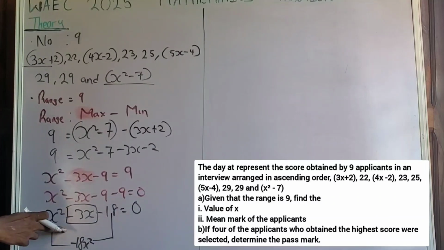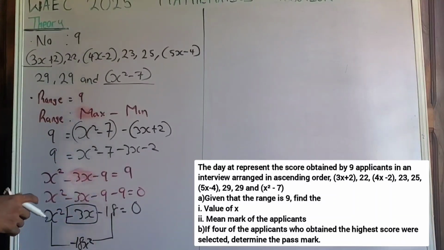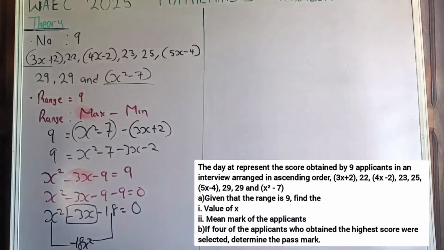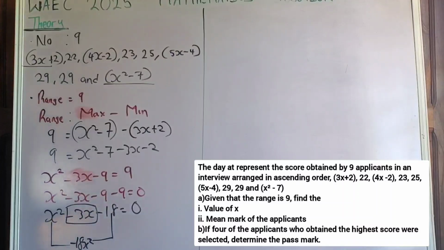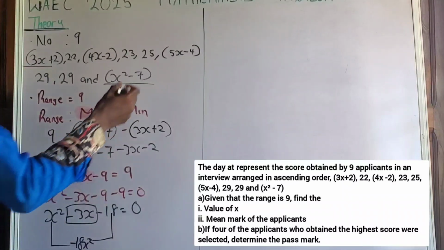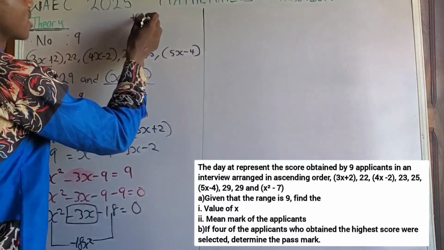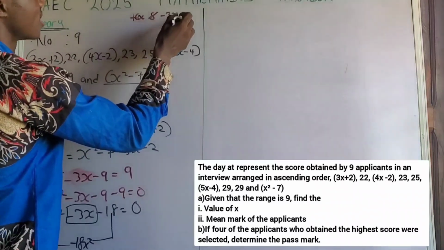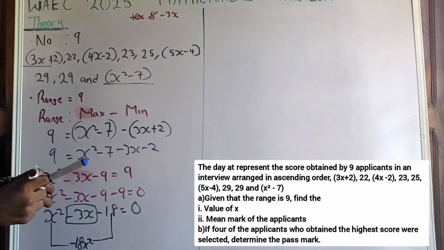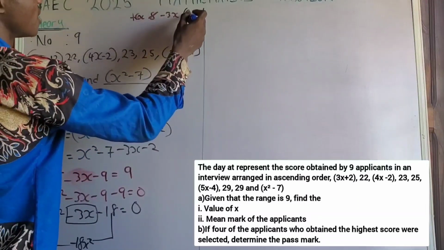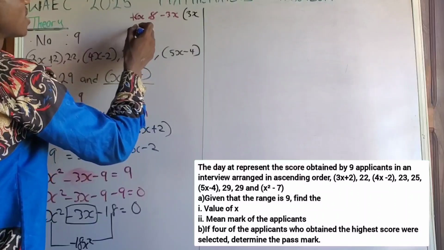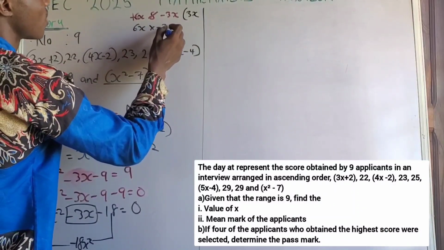To factorize this quadratic equation, you have to look for two numbers such that if you take their product, you're going to have minus 18x squared, and if you add them together, you're going to have minus 3x. What are they? Plus 6x and minus 3x. 6x minus 3x will give us 3x, right? 6x times minus 3x will give us what?